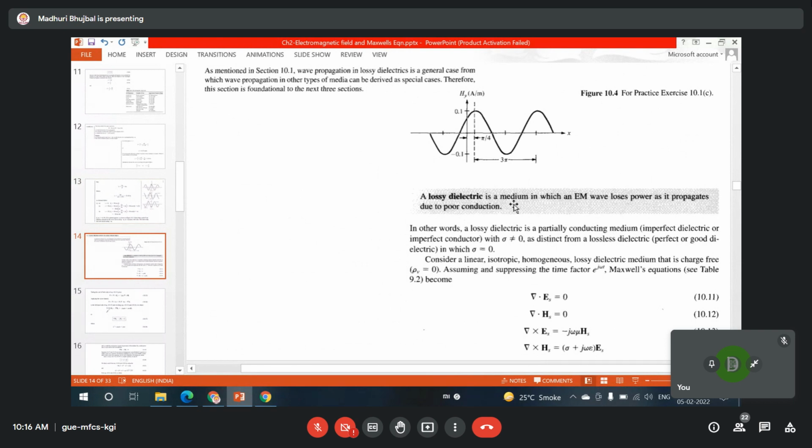Write down: a lossy dielectric is a medium in which an EM wave loses power as it propagates due to poor conduction.